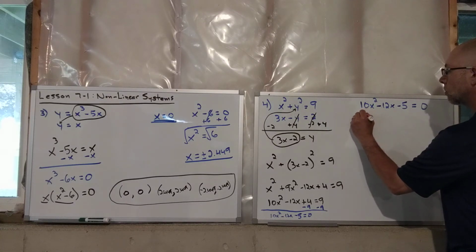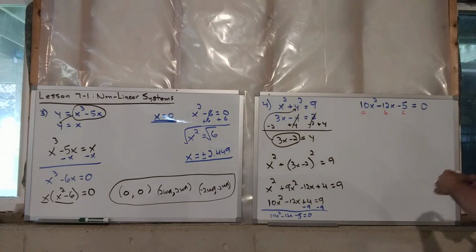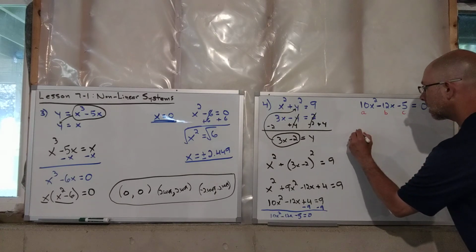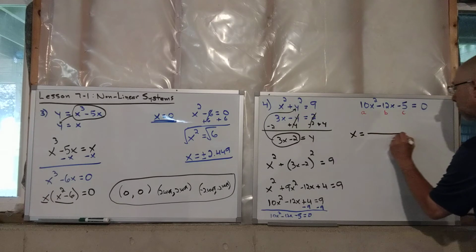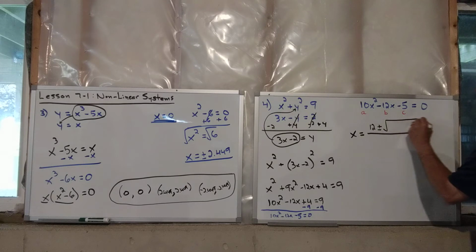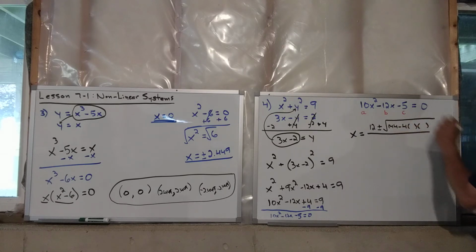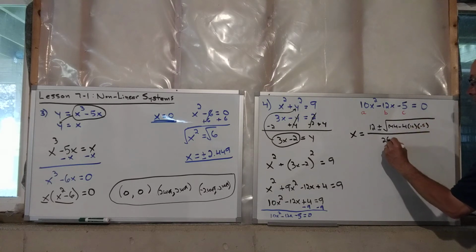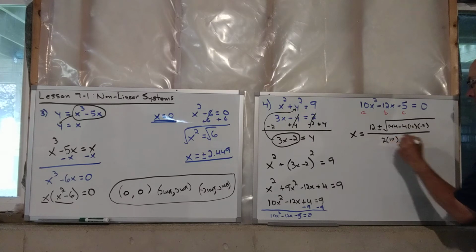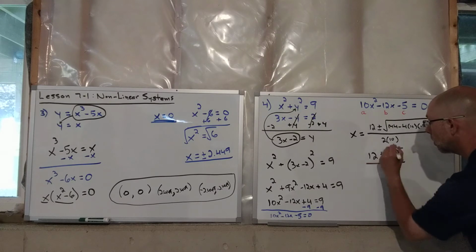In terms of the quadratic formula, this is A, this is B, this is C. And we'll go into the quadratic formula, which is x equals the opposite of b, so 12, plus or minus the square root of b squared, that squared is 144, minus 4ac, which is 10 and negative 5, all over 2 times a being 10. 12 plus or minus the square root of, over 20.